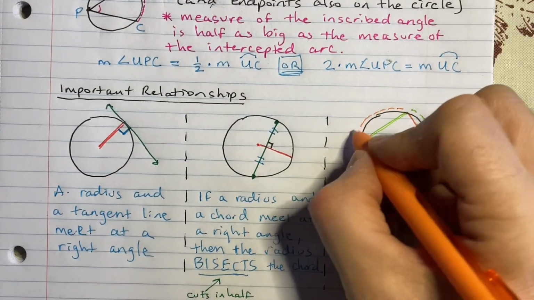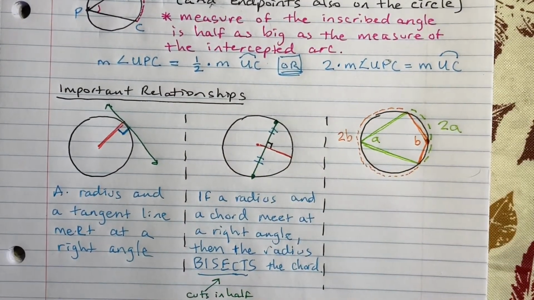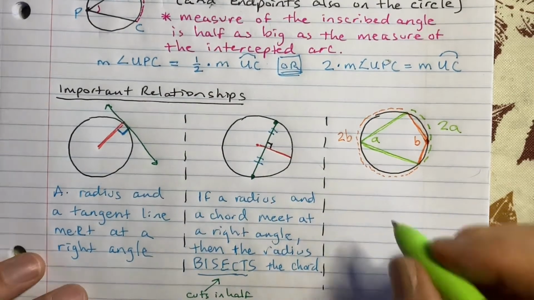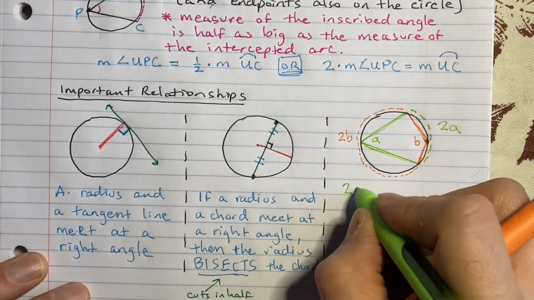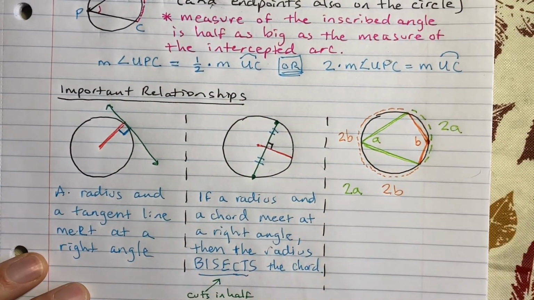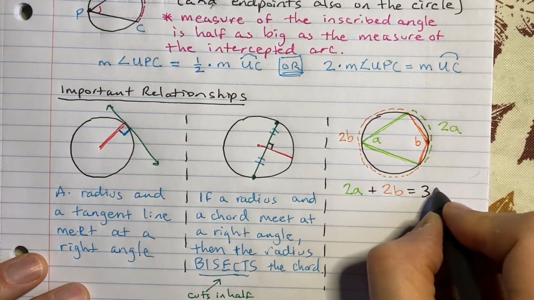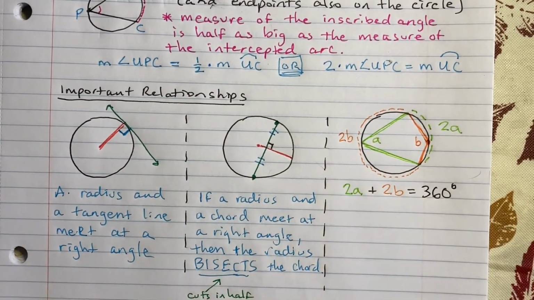But that orange arc would have a measure of 2B. So that must mean that if I add together 2A and 2B, that goes all the way around the circle, so it must be a 360-degree sum.